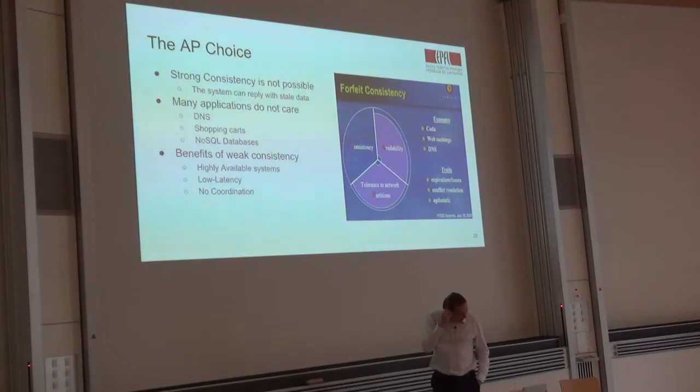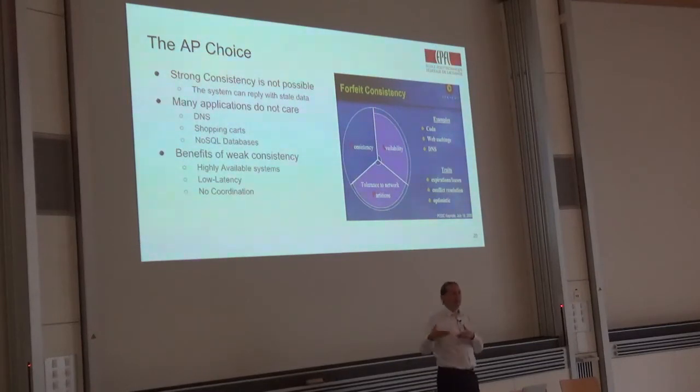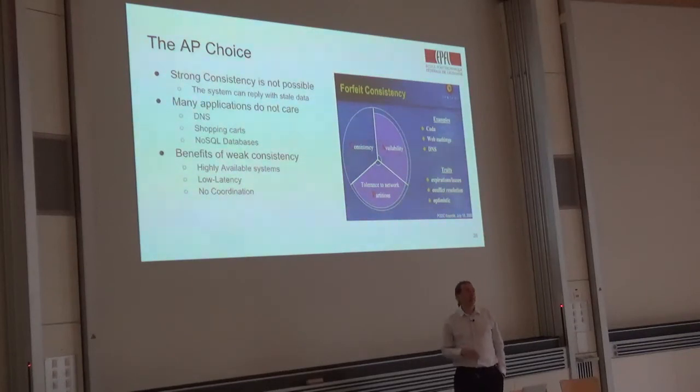There are even weaker schemes such as eventual consistency, that can, under the right circumstances, get you availability, partition tolerance, and this weaker consistency scheme. But here, the CAP theorem really talks about strong consistency, right?